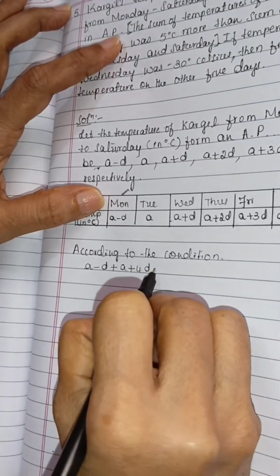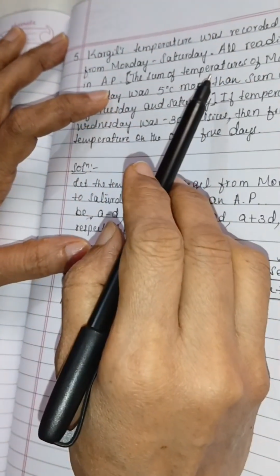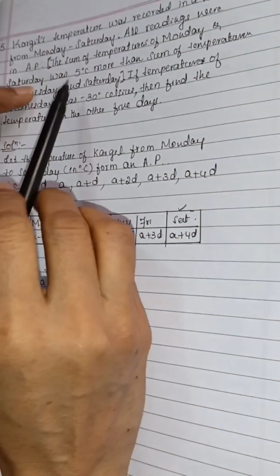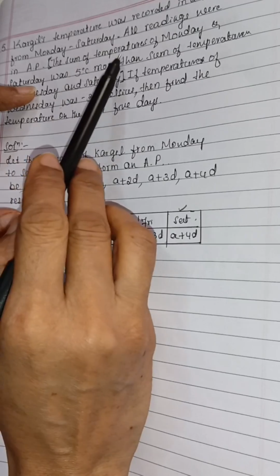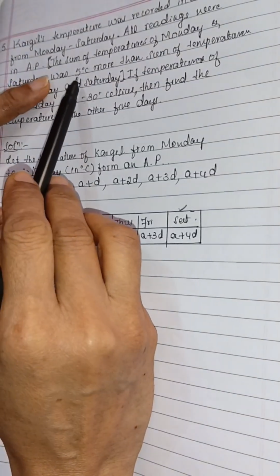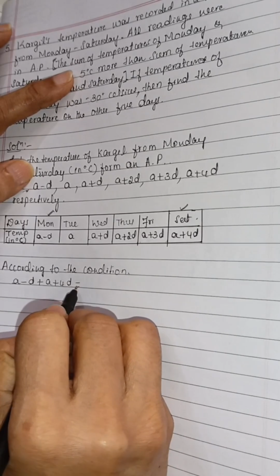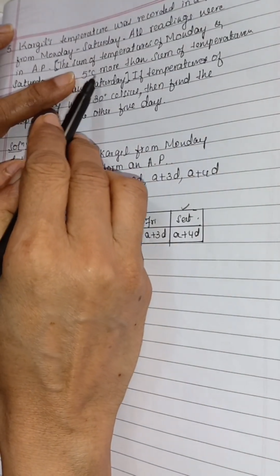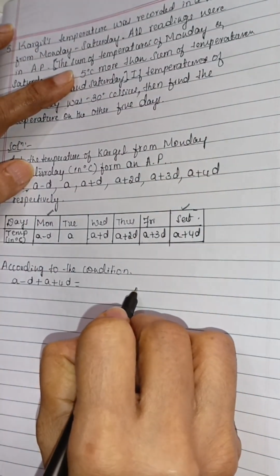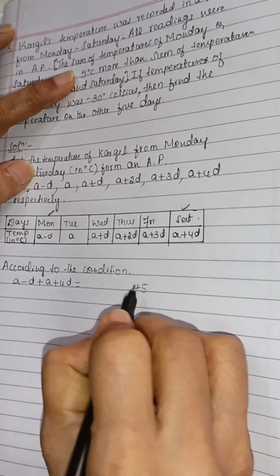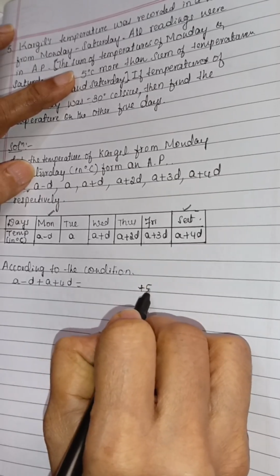The sum of temperatures of Monday and Saturday was 5 degree more than, so you always remember more. 5 degree more means what you have to write here? Plus 5, right? More means plus 5 you have to write.